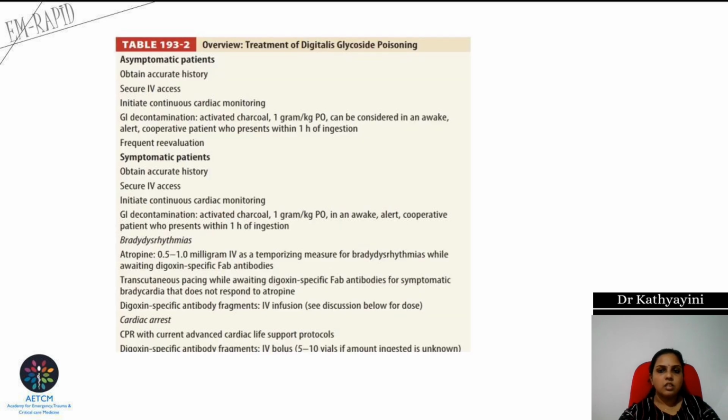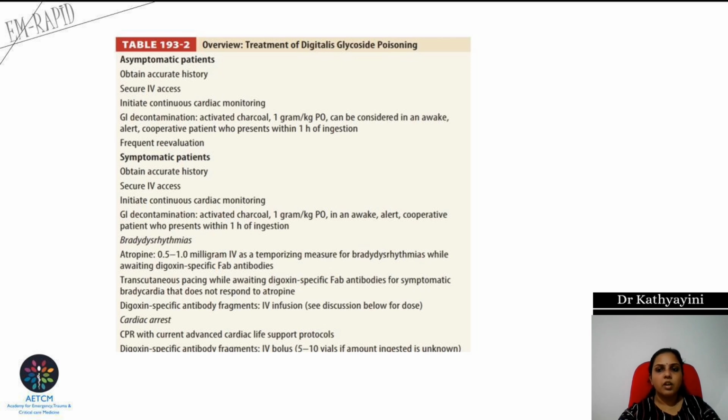So here is a quick overview of digoxin toxicity. The general treatment is the same. The only thing is, if the patient is developing bradyarrhythmia, we have to go according to the bradyarrhythmia protocol. We can give atropine 1 mg IV.